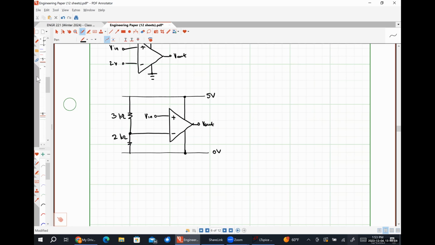Now, let me show you something slightly different before I have to go to my next class. We could have just as easily said, make this X, Y, and Z. So now we have a Y network and we might want to replace it with a delta. So here's our original thing.